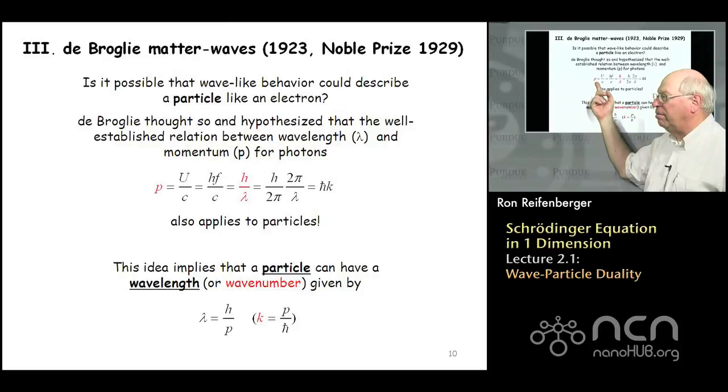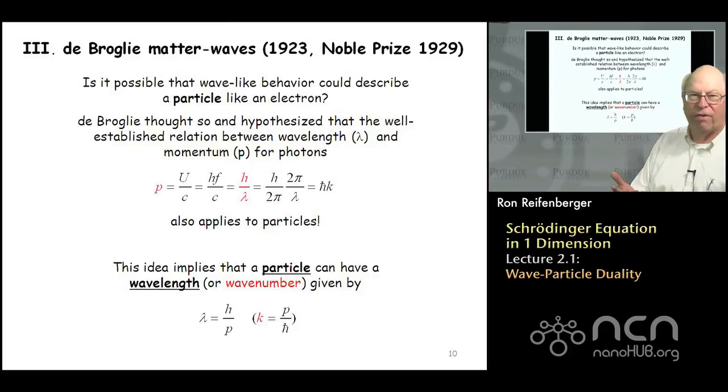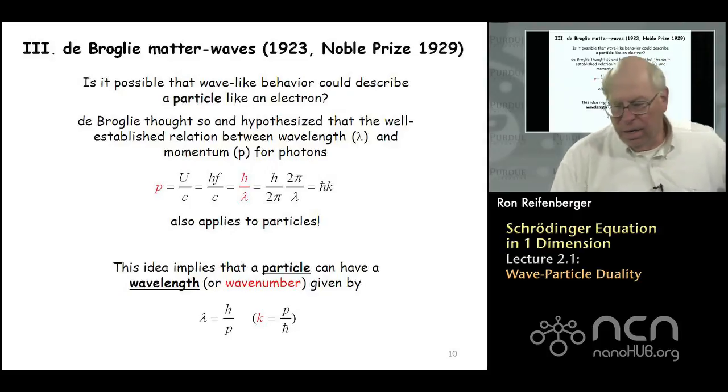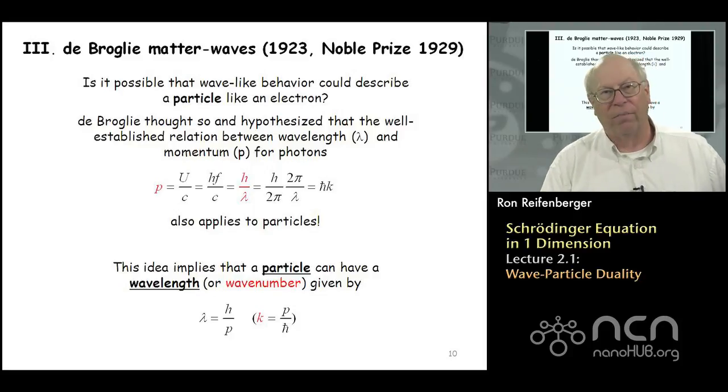He said that the momentum of an electromagnetic wave is the energy U contained in that wave divided by the speed of light c. This is a result that Maxwell's equations predicted in the 1860s. According to Planck, the energy in an electromagnetic wave is Planck's constant h times the frequency of light, and so you can convert the frequency of light divided by the speed of light into a wavelength, and so you end up with this very famous formula that the momentum of a photon is equal to h, Planck's constant, divided by wavelength lambda.